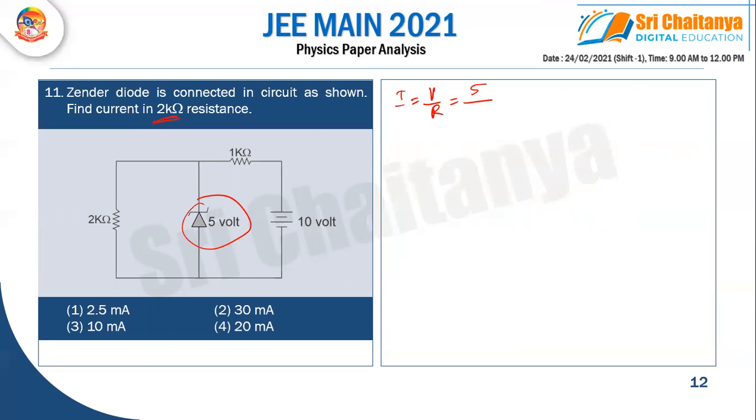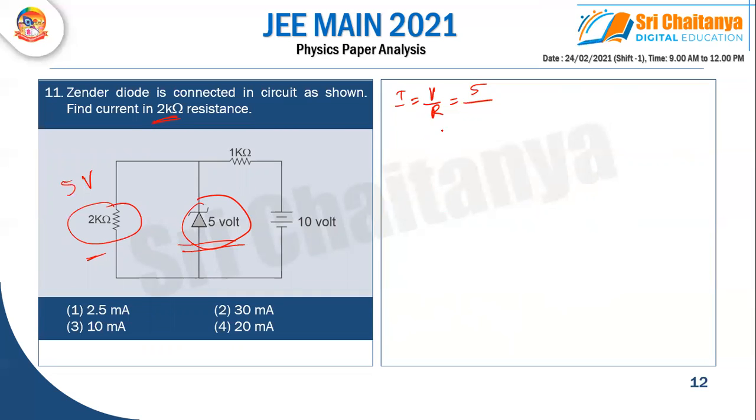In fact, we have a parallel resistance of 2K ohms. Let's look into the current here. In the 2K ohm resistance there will be a 5 volt potential difference because these two are in parallel, so I'm looking into the current across this.